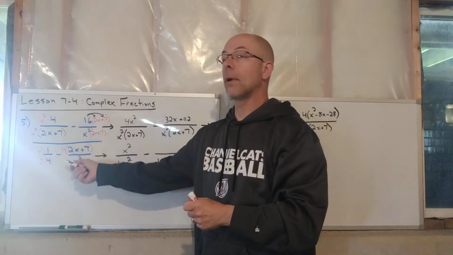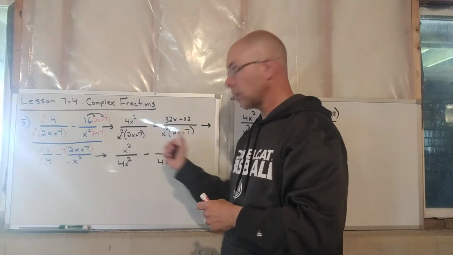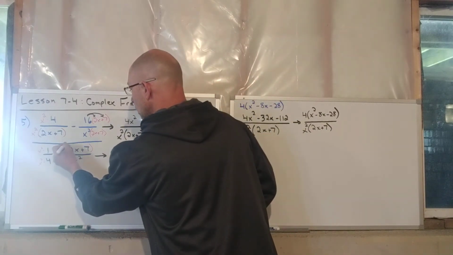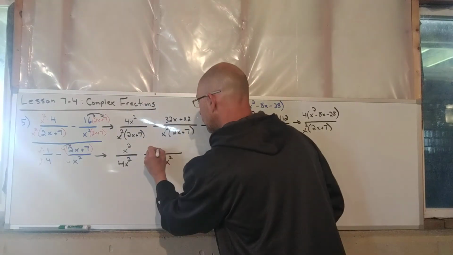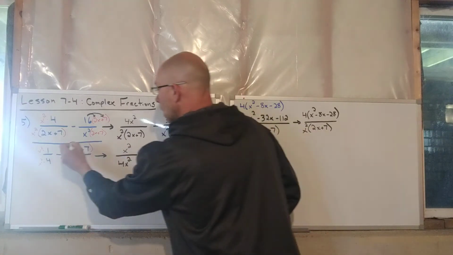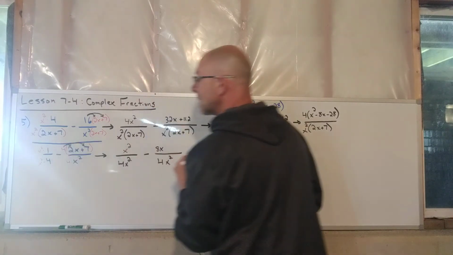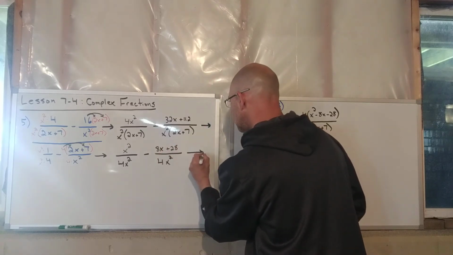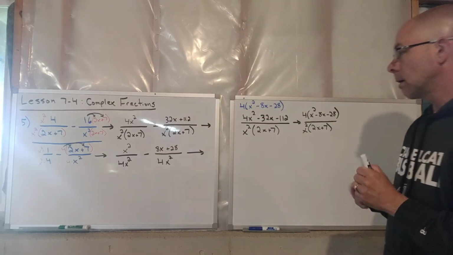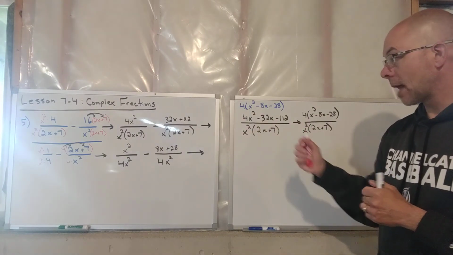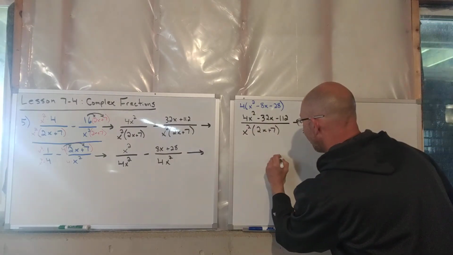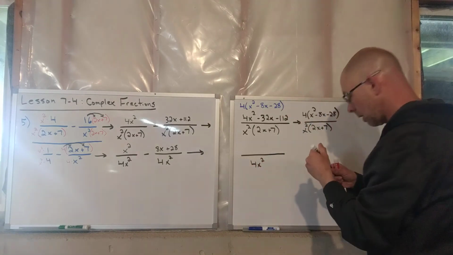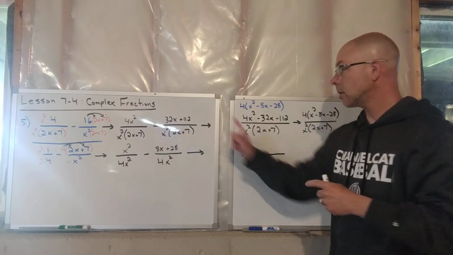Now, remember, I do distribute here so I can work with like terms in a few minutes. So that's going to be 8x. And that's going to be 28. Moving along, I am ready to do the subtraction. Okay, common denominator of 4x squared, subtract the numerators.